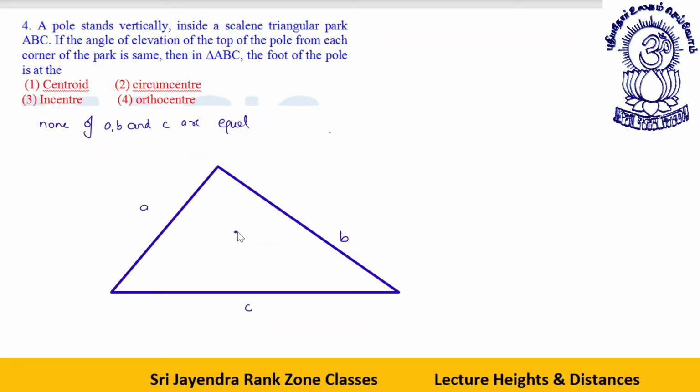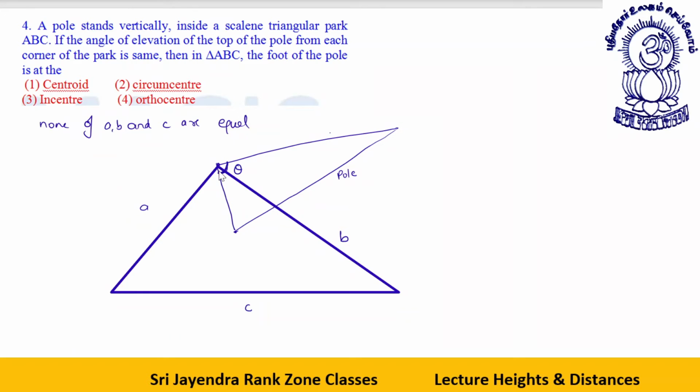Now there's a pole. Let's say this pole is vertical, perpendicular to the ground. Okay, dear friend, this is the pole. Now what happens is from this point the angle is same. See, like this. This angle is theta.